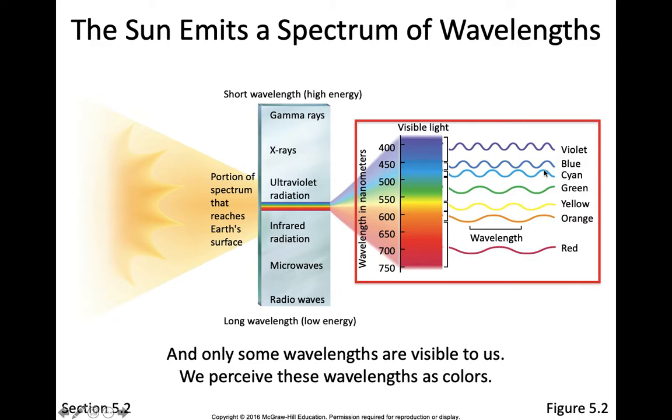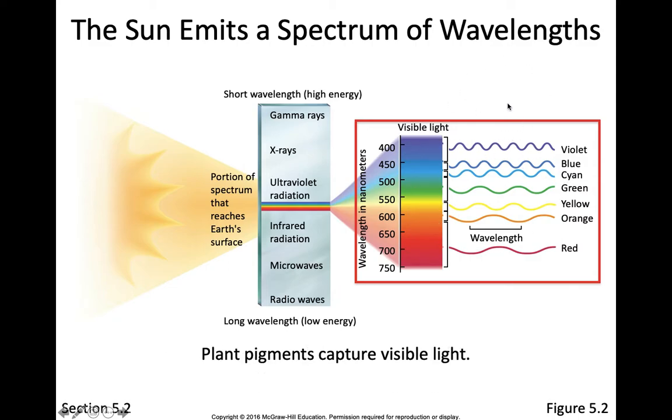So once again, we perceive that visible light as colors. Now, plants have pigments inside of their bodies, inside of their cells, that are able to capture these wavelengths of light and transfer the potential energy in this wavelength of light into kinetic energy. That wavelength of light's not going to do anything if it touches you, but those plants have machinery to convert this energy in this wavelength of light into physical energy in the form of ATP.